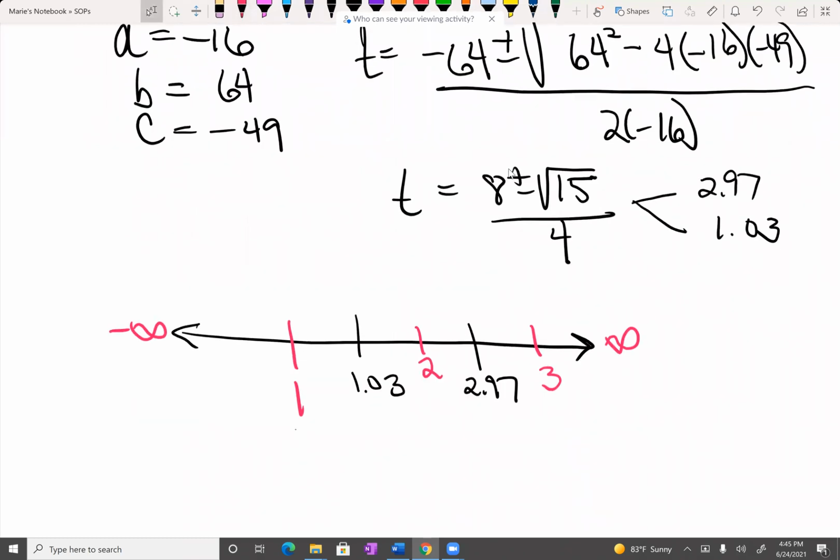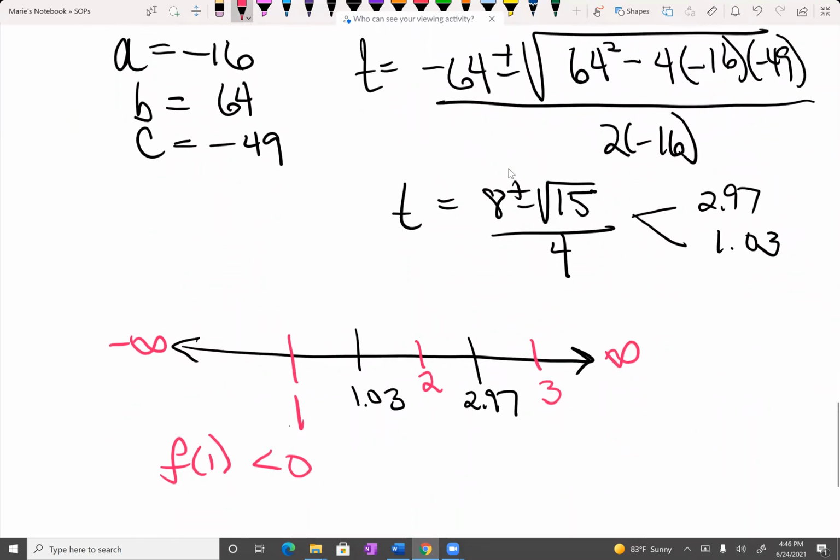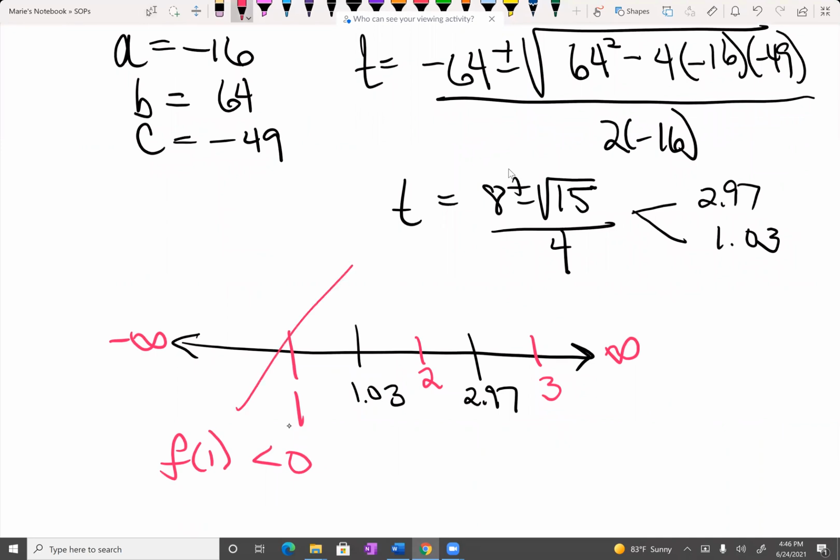And so if we're solving for both of those cutoffs, we find that f of 1 is going to be less than 0. We're looking for values where it's above the ground, so we want greater than 0, we want positive. So this is refused. f of 3 is going to give us a negative number, so this is also less than 0. This is refused.